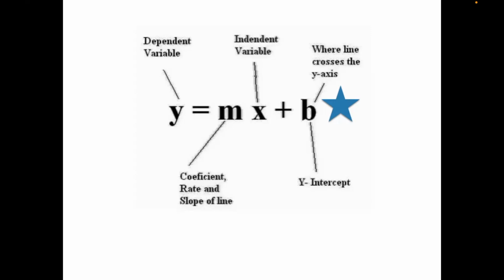M is the coefficient, the coefficient times an independent variable, which is represented by x, plus b. B is the one they asked in the boards. That is the y-intercept, where the line crosses the y-axis.